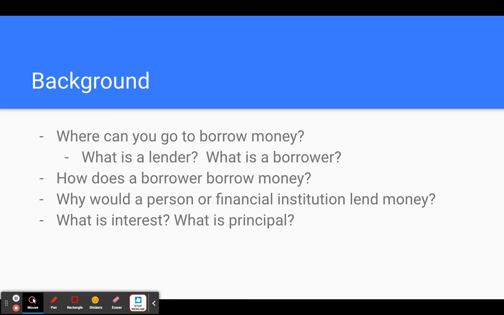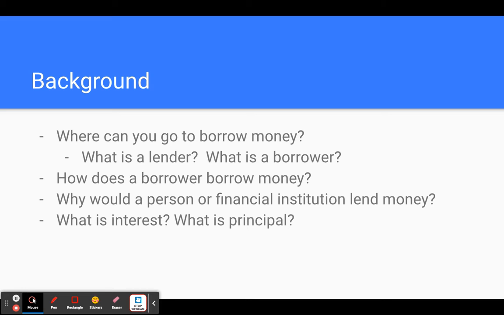Okay, interest is the extra money that you're paying back to the lender for the ability to borrow that money, that extra that they're going to make on top of what they give you. What is principal? Principal is just the amount you need to borrow. Principal is the basic amount.